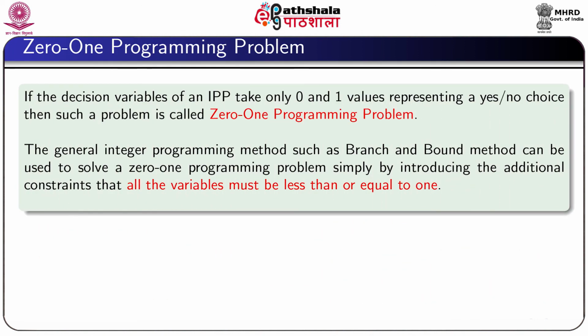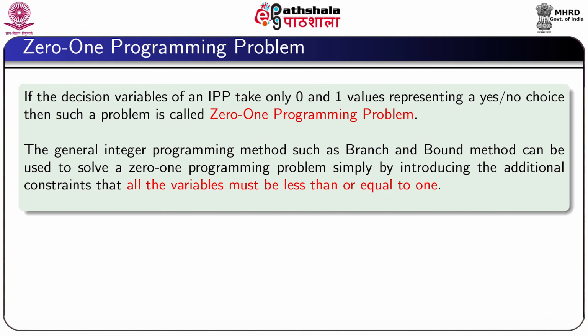We now discuss another programming problem called the 0-1 programming problem. There are practical problems that can be structured only as integer programming problems, but some problems may consider only 0 and 1 integer values representing a yes or no choice, and are known as 0-1 programming problems.